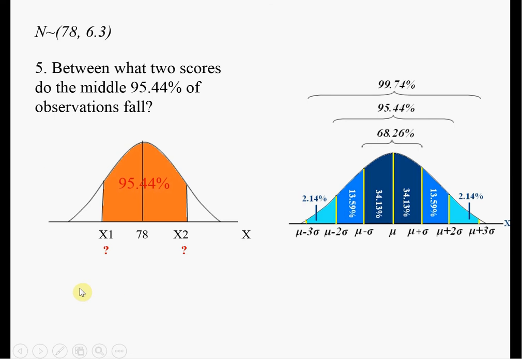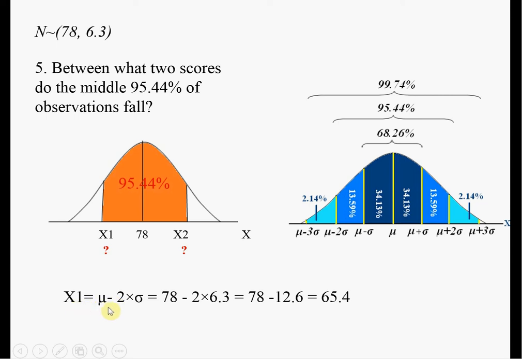Now let's do that. Since we know that x1 is two standard deviations below the mean, this is how we calculate that. The mean minus 2 times standard deviation. Here you use a minus when this value is below the mean.